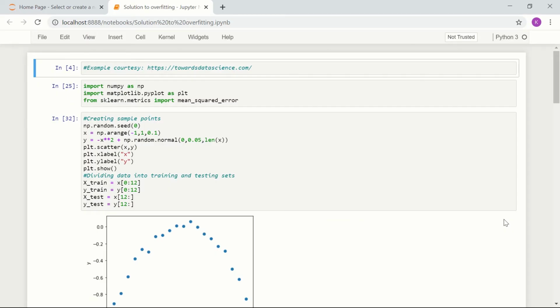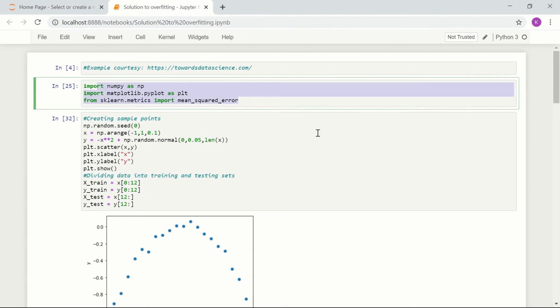Now let's move to the Jupyter notebook and see some Python code for the solutions of overfitting. As we discussed, there are many solutions to overfitting, but we'll see a couple of examples here of how we could control the overfitting. We have already set up an example where we imported the important libraries.